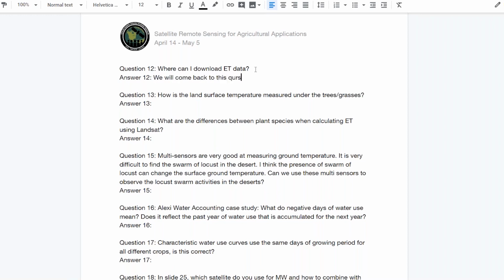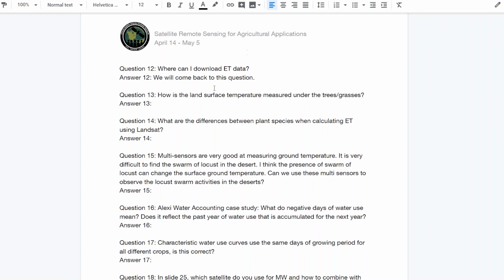It really depends on your application, your focus area, what resolution you want, and how many years of data you need. Some of the models I presented here are more operational and provide long-term data sets, and sometimes it's best to contact the PI or the developer of a given tool. So we can definitely come back to this and provide some links.